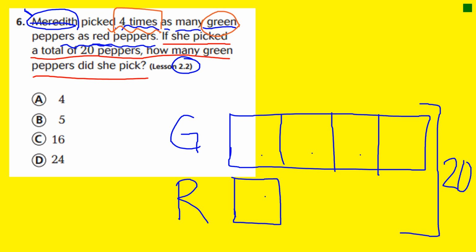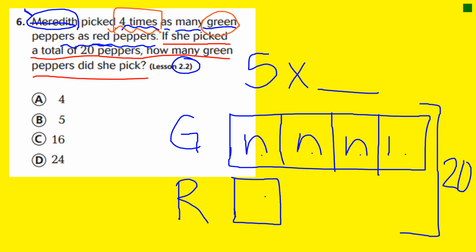1, 2, 3, 4, 5. Okay, so 5 sets of mystery number. Oh, look, I forgot to write the N in all of these. Equals, what was the total? Remember, all 5 of these have to be included.